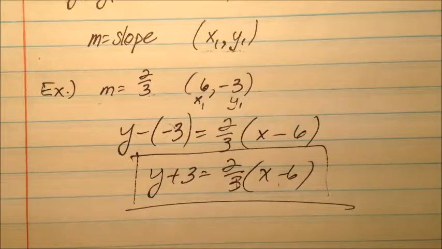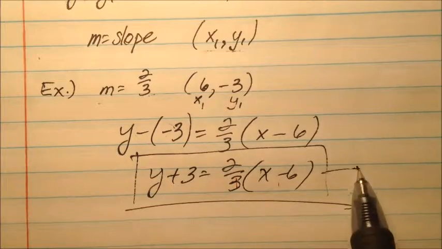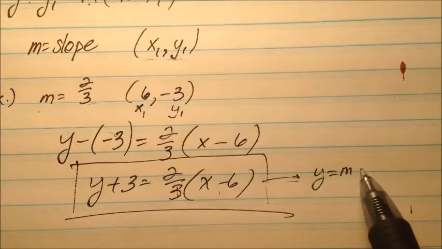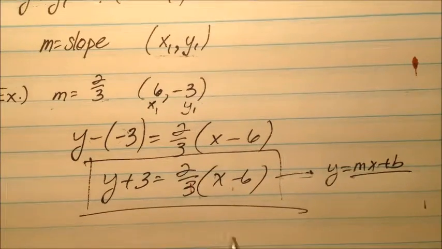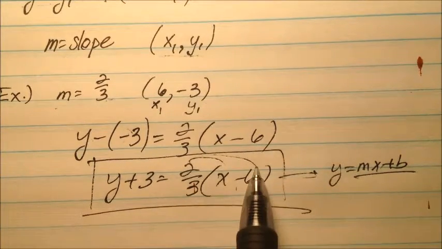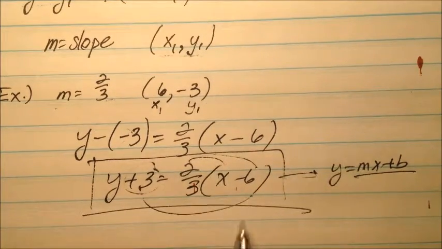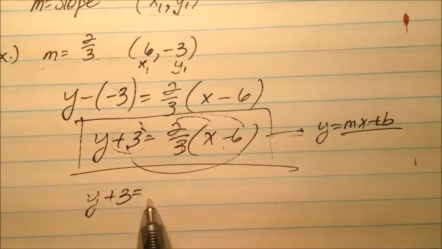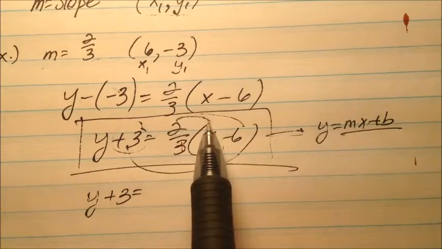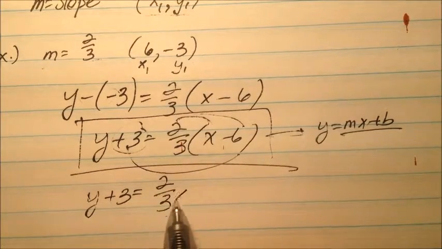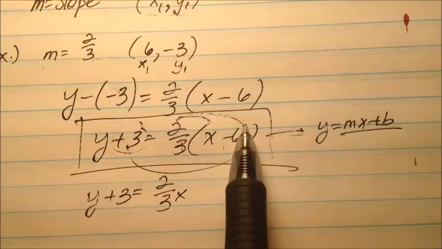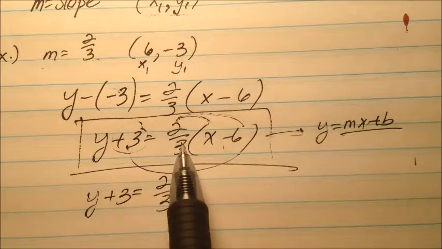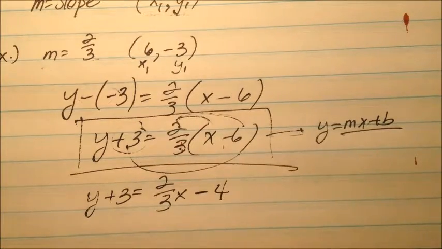At this point, you can also go from here fairly simply to slope-intercept form. All you have to do to change this into y equals mx plus b is distribute your slope, then put this term on the other side and combine like terms. So y plus 3 equals, let's distribute, 2/3 times x is 2/3 x. 2/3 times 6, 6 divided by 3 is 2, 2 times 2 is 4, so minus 4.